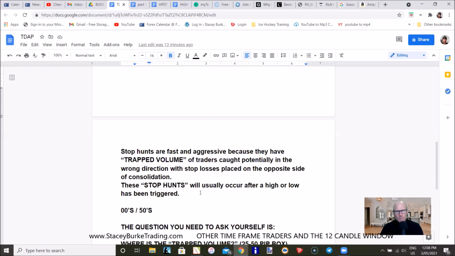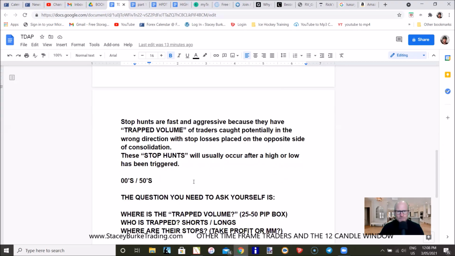If it's the euro or the pound, we may be sideways in a 25 pip box. We may have stops 25 above or below. And again, we're going to get more into the Monday, Tuesday opening range for the week. Very important to understand the levels, whether or not weekly levels have been broken as the beginning of the week starts to trade.